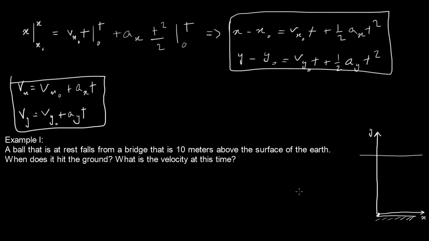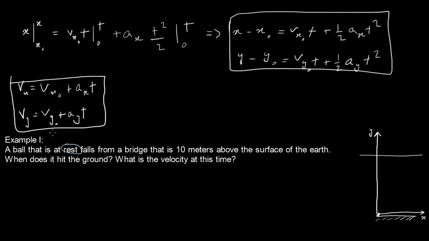So now let's read the question, the example. A ball that is at rest. So this has a meaning. Let me change the color. So when it says rest, that means velocity is 0.